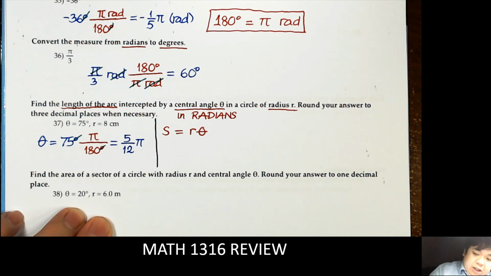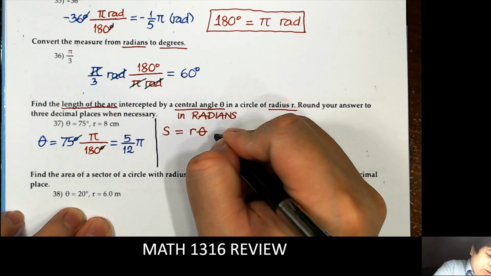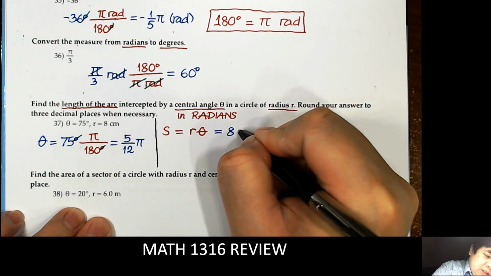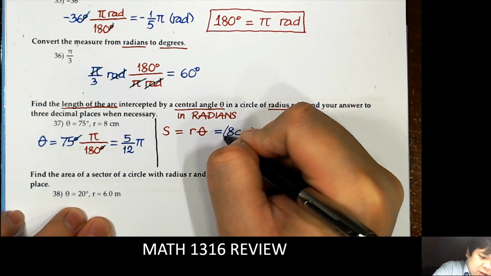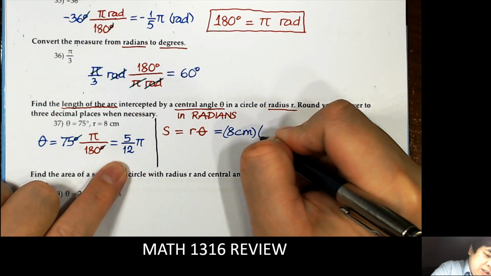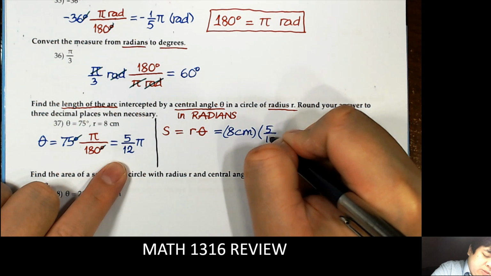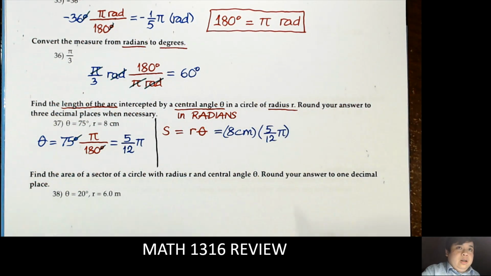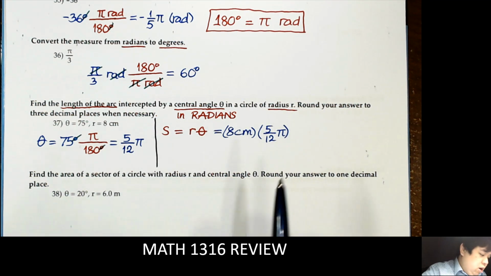And then we just put everything we have in the formula. The radius is 8 centimeters. And the angle in radians is 5 over 12 pi. Radian or not, it doesn't matter.